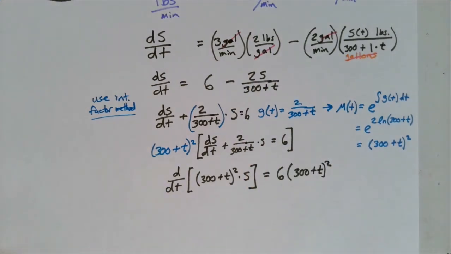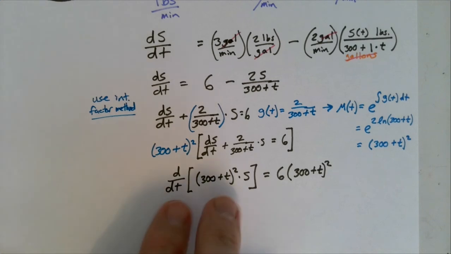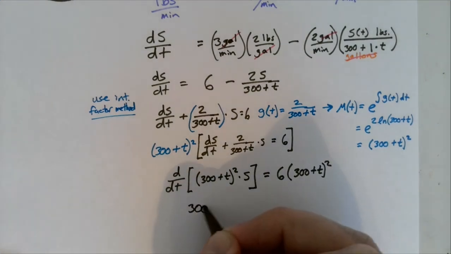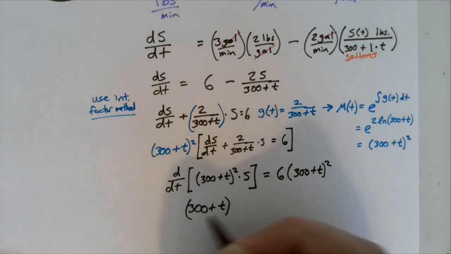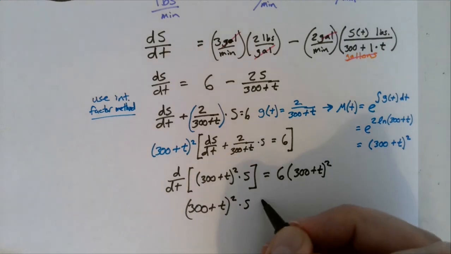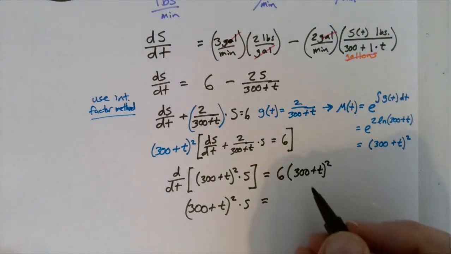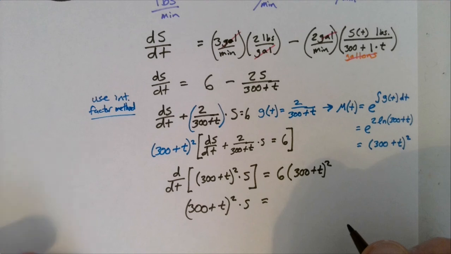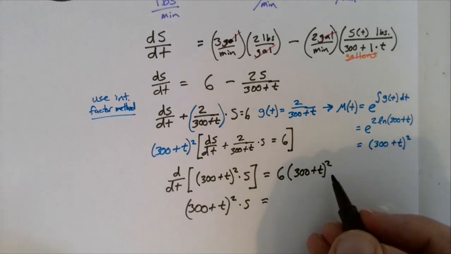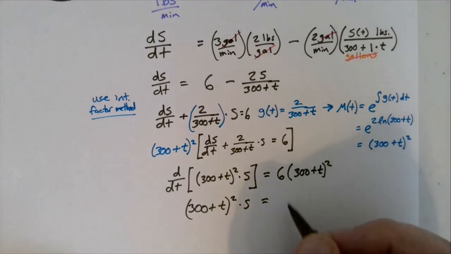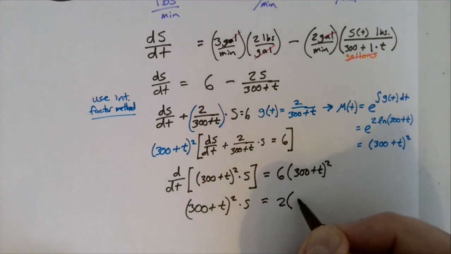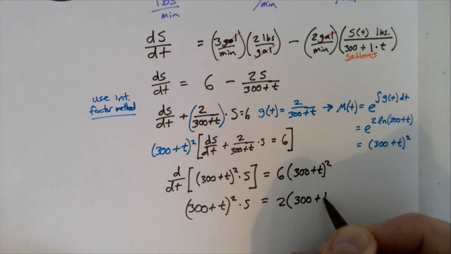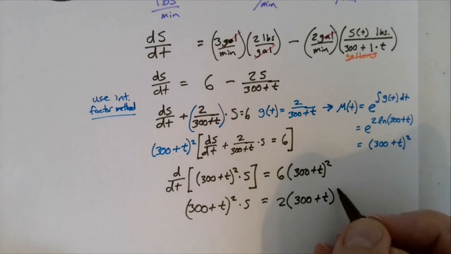Now I've got to integrate both sides. This side's pretty easy. It's just 300 plus t quantity squared times s. The right-hand side is just the integral of this thing, which, with a little bit of u substitution, turns out to be 2 times 300 plus t quantity to the third power plus a constant.